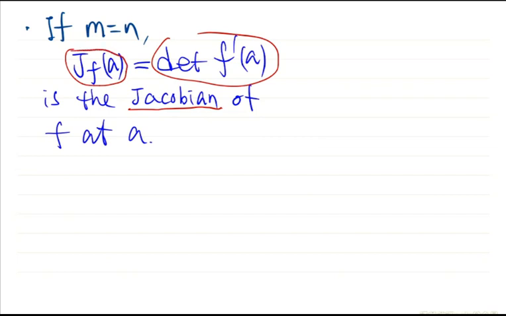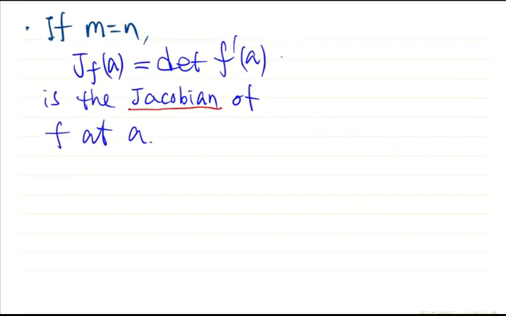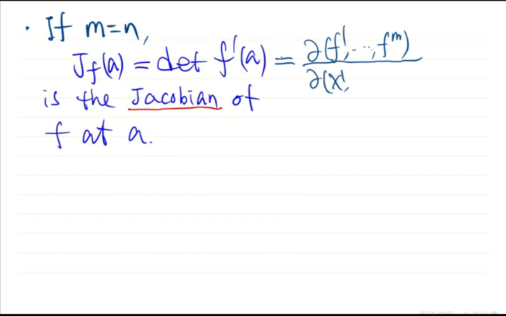But sometimes we need to indicate the components, therefore we also introduce a notation. This can also sometimes be denoted by f1 to fm over x1 to xn, not m, since m equals n.